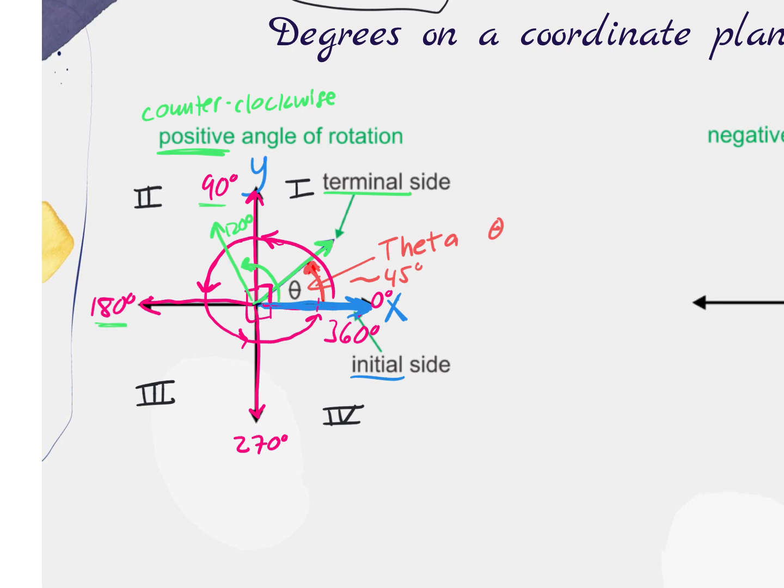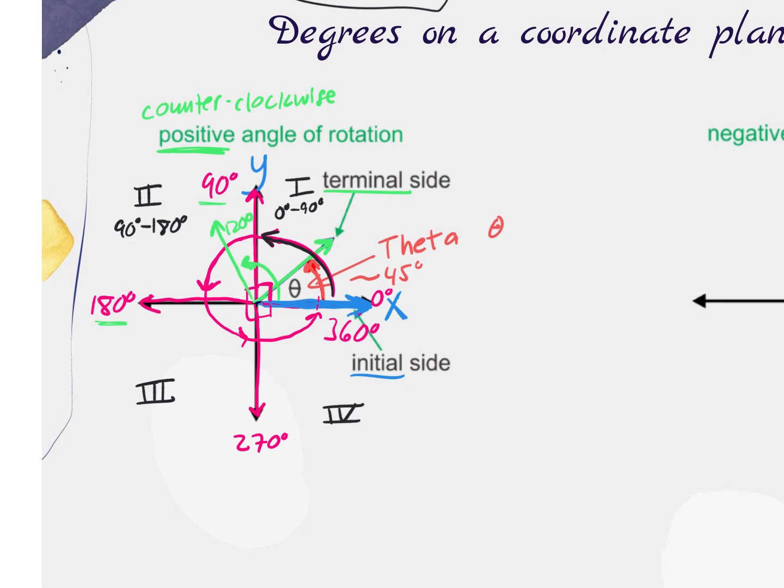In our first quadrant, we have 0 degrees to 90 degrees, going up to the y-axis. And if you keep going from 90 degrees to 180 degrees, that gives us our second quadrant. All of our angle measurements between 90 and 180 are in the second quadrant.